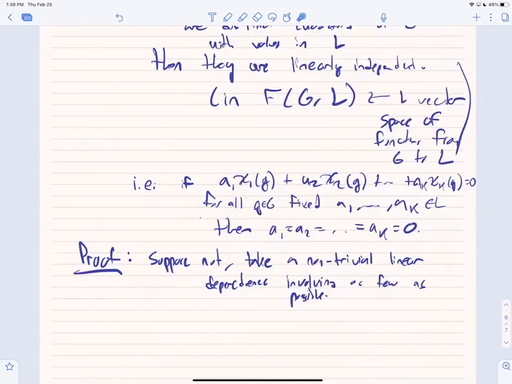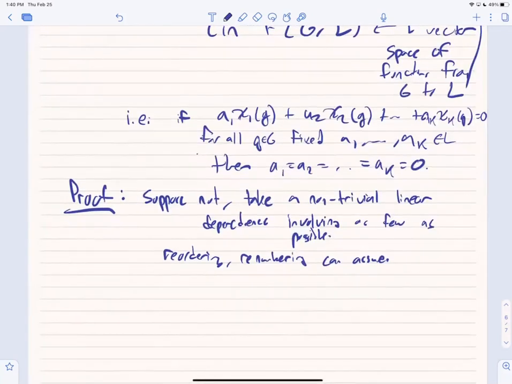and then just by reordering and renumbering, I can assume that this is of the form. Non-trivial just means involving as few chi k as possible. And when you have a linear dependence relation, it only really involves the ones where the coefficient is non-zero.